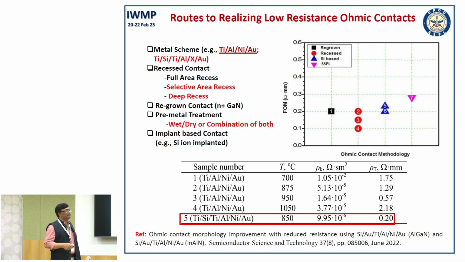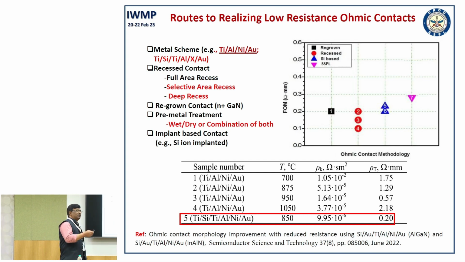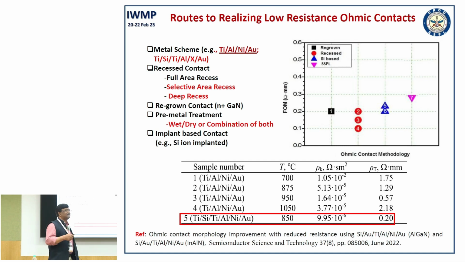Earlier we were getting 0.3, 0.4. This source or drain resistance becomes very critical when you go higher up in frequency. So, to have high power at X band or Ku band, you need to reduce this ohmic contact resistance.